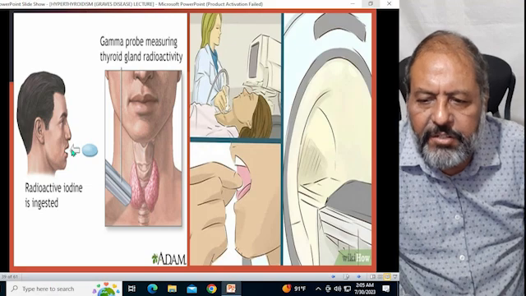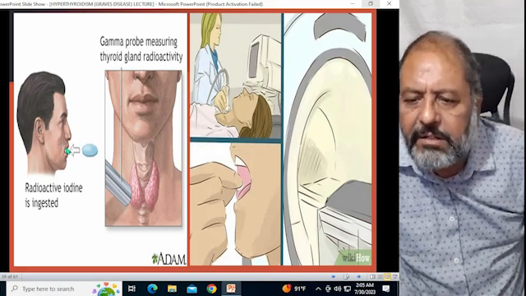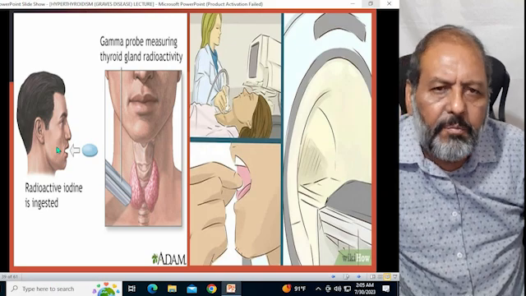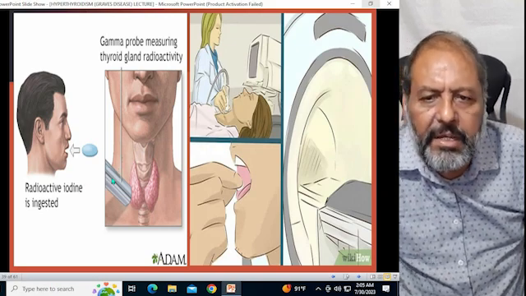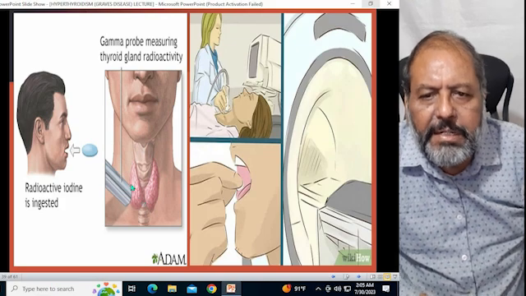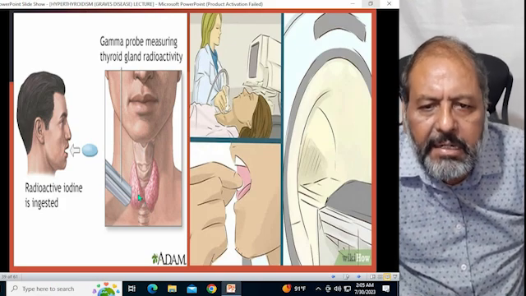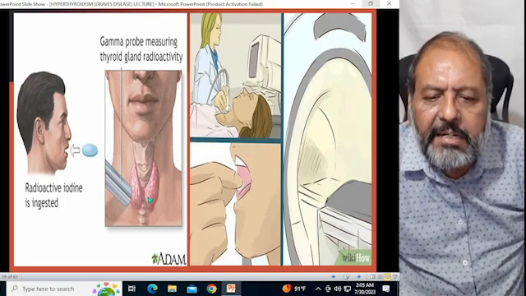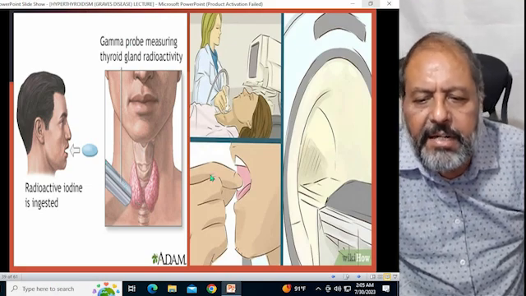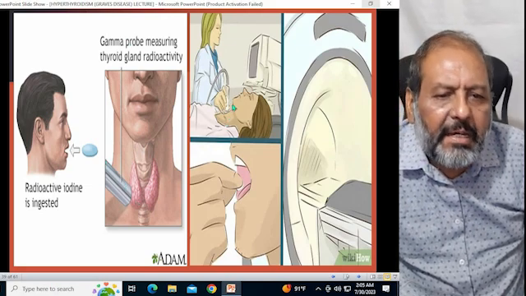And here one can see the person has taken the radioactive iodine, ingested in the form of liquid or anything, and here is the gamma probe or gamma camera which measures the thyroid gland radioactivity. The thyroid gland absorbs the radioactive iodine, and that is measured by the gamma camera.